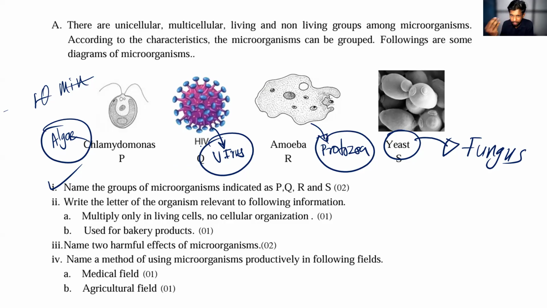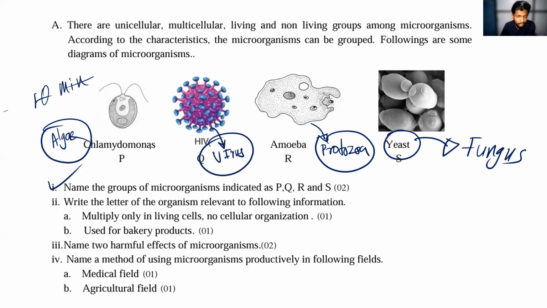One of the characters that they show is reproduction. So they reproduce only inside the host cell. They can't reproduce by themselves. They will be producing new viruses only in the host cell. When they enter into the human body or animal body, then only they will produce the number of viruses, right? So reproduction is one of the properties, but they don't have cellular organization.